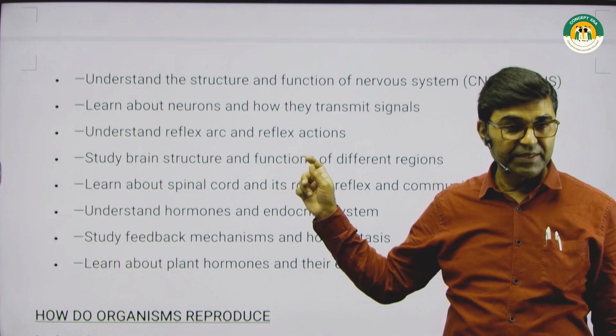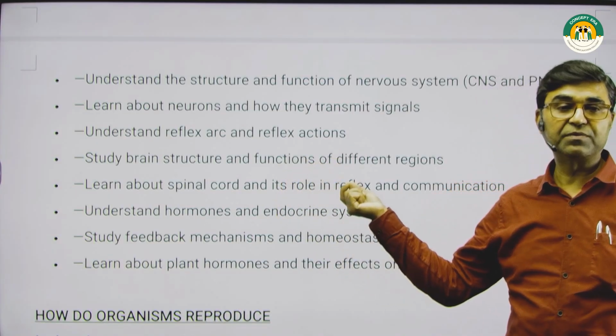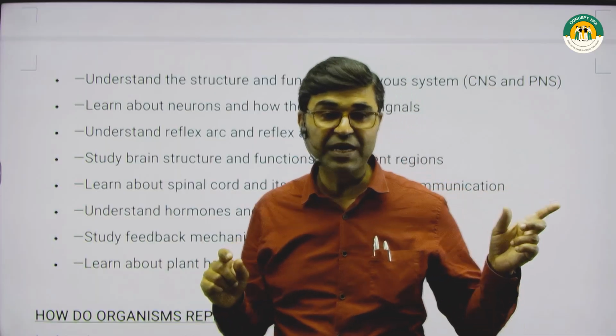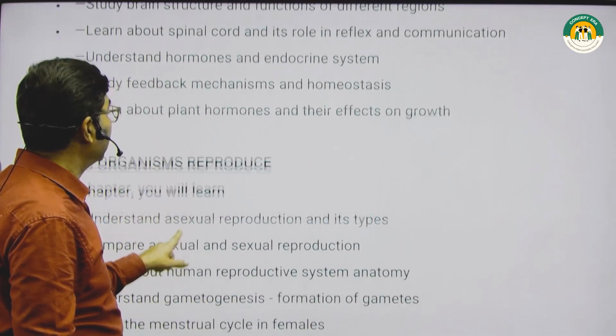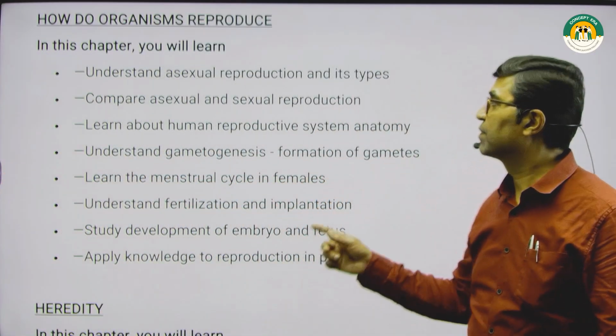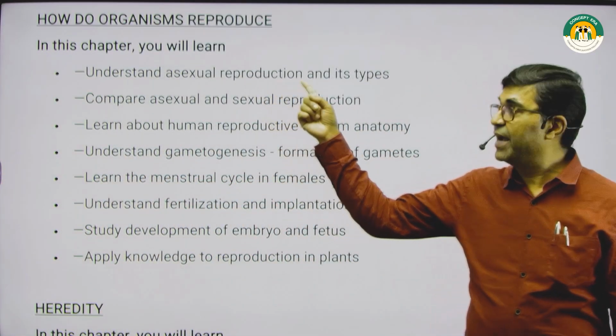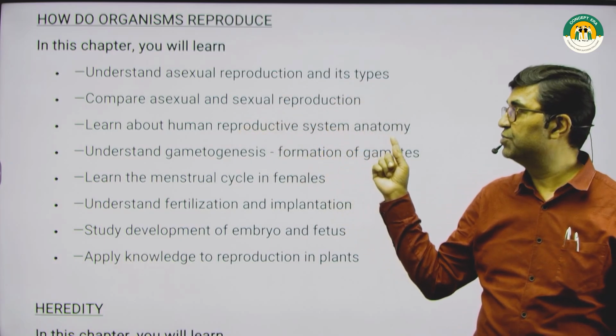Keep in mind, in reflex action, a very important term is the relay neuron. You have to keep that in mind while answering such questions. Next, how do organisms reproduce? Sexual and asexual reproduction, comparison and differentiation between the two.